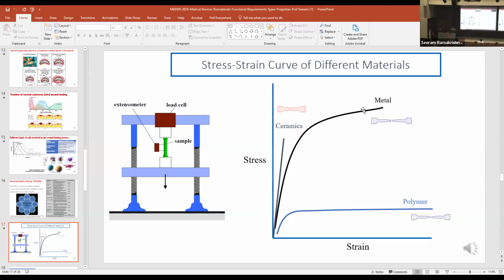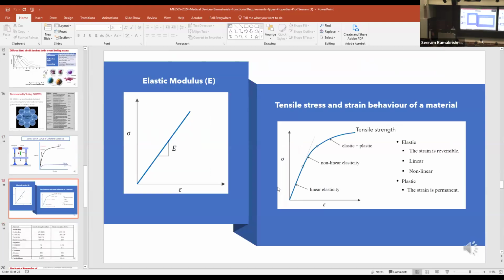This is, I would say, 101 of material knowledge. Those who have a basic degree should have much more knowledge, but I'm mindful that not everyone has a materials background. Some of you are from completely different backgrounds, so I'm giving the most simple test that we normally use for determining properties.